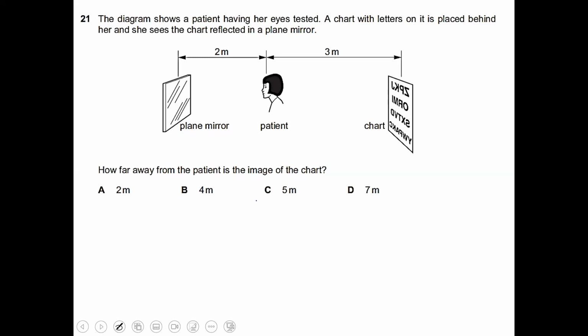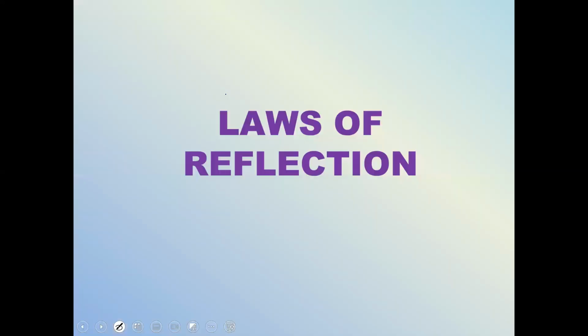How far away from the patient is the image of the chart? Travel the light. Light travels this, then this, and then this. 7. Yes, good. 7 meter.